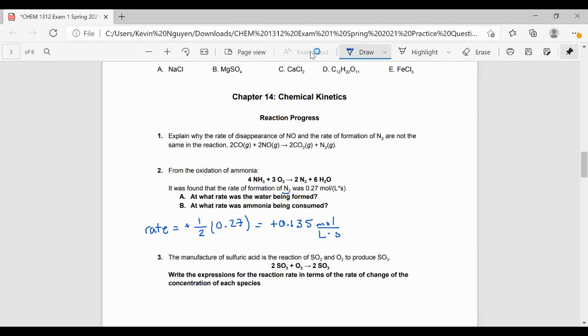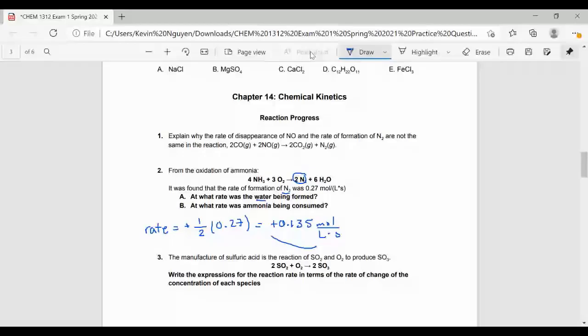Okay, awesome. Now we're being asked what is the rate that water is being formed at. If this is the rate of the reaction, this guy is going 2 times the rate of the reaction. Therefore, this portion is going 6 times the rate of the reaction.